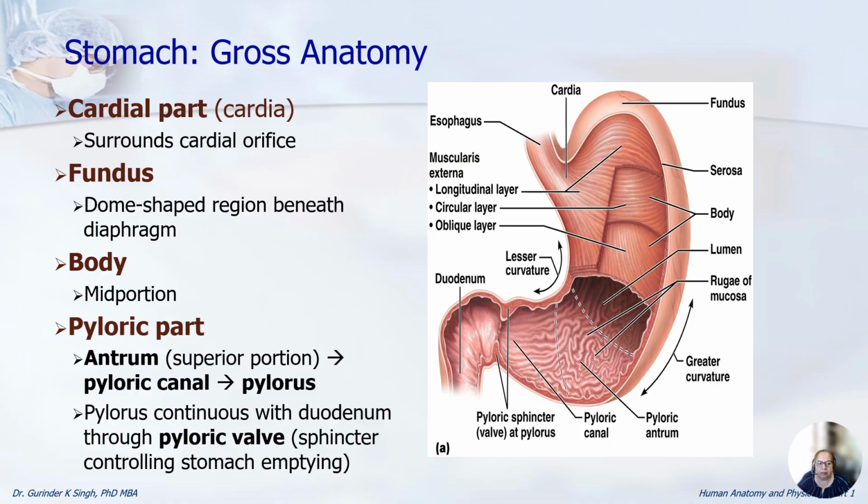We talked about the cardial part, which is surrounding the cardial orifice. And then we talked about the fundus, which is a dome-shaped structure, and the body, the rest of the stomach, and then the pyloric part, which has an antrum, the pyloric antrum, which is kind of a superior-most portion, and then the pyloric canal, as well as the pyloric valve.